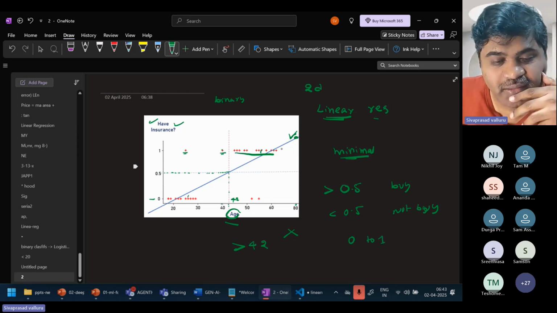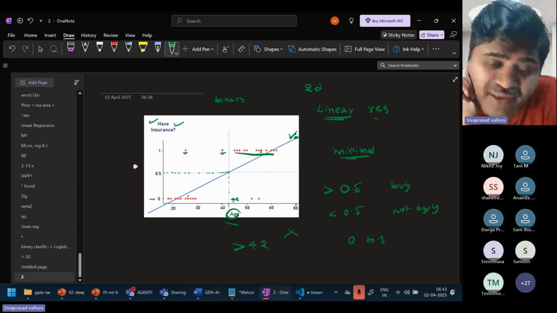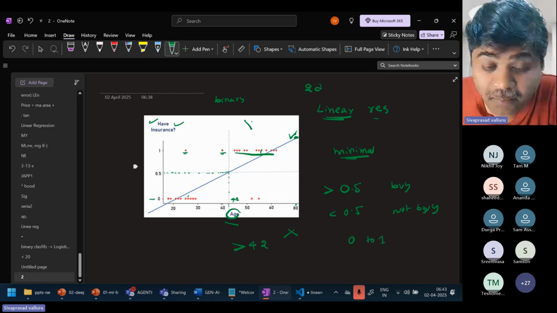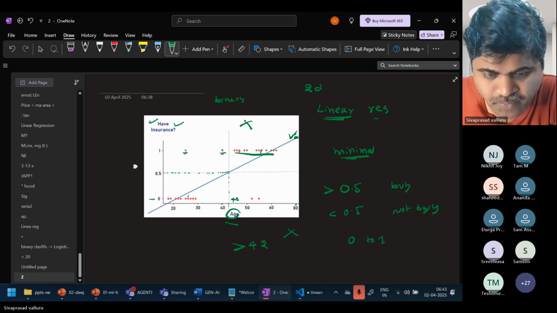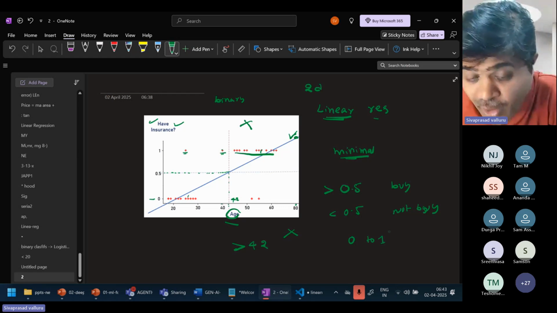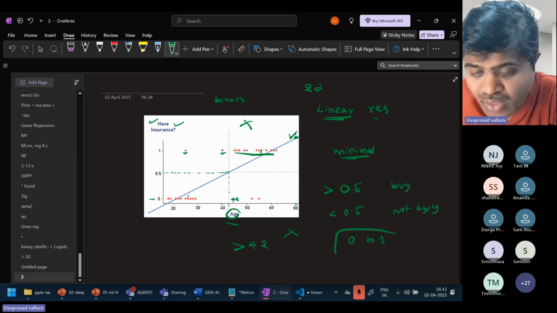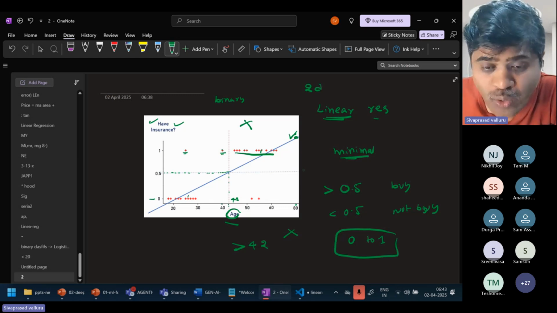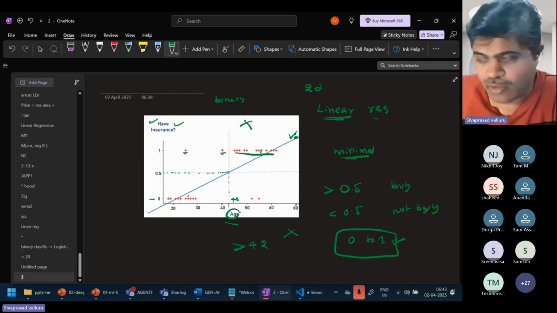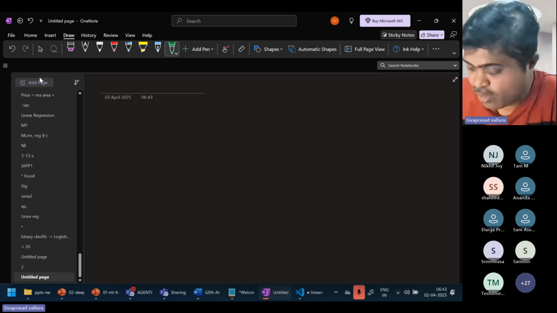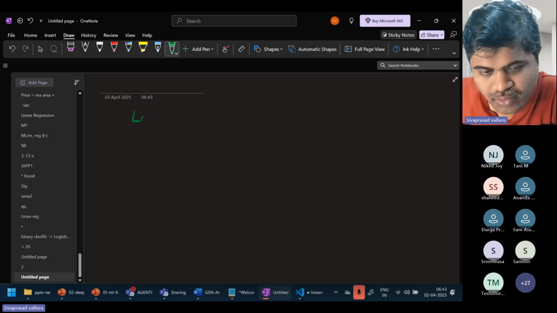So predicting a line like this is not a solution for binary classification. What I need is all the predicted values to be between 0 and 1. I don't want to predict a line, but some values between 0 and 1. Okay, now let us enter into the logistic regression algorithm.